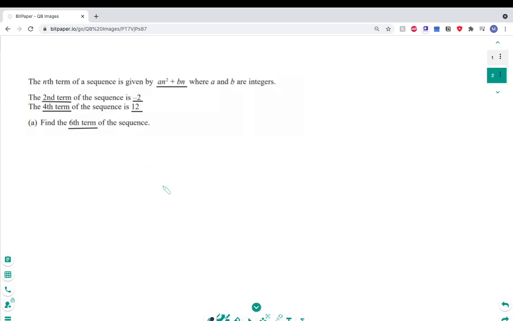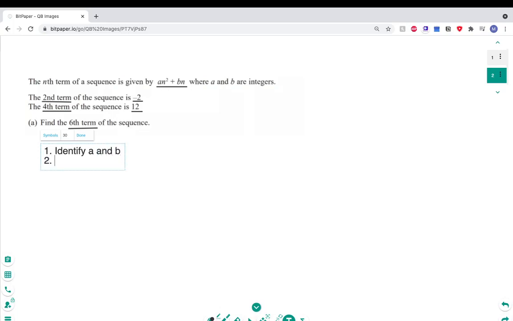Okay. So usually if they gave us a sequence, even an algebraic sequence, where there weren't any more than one letter, usually the n, then we would just be able to plug the 6 directly in and identify what that term would be. But in this case, they haven't told us what a and b are. And so our first step to working this question out is identify a and b.